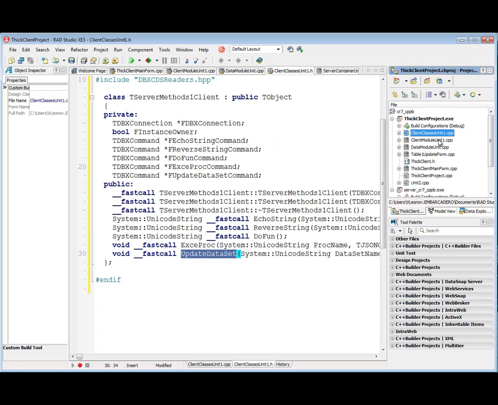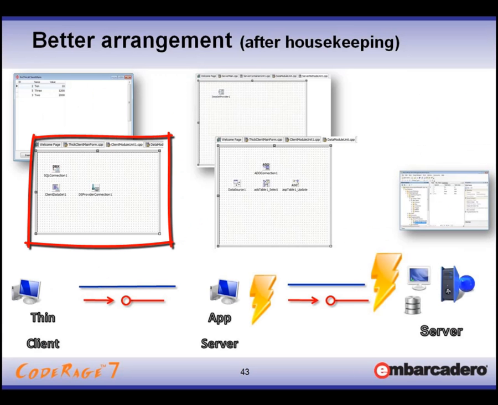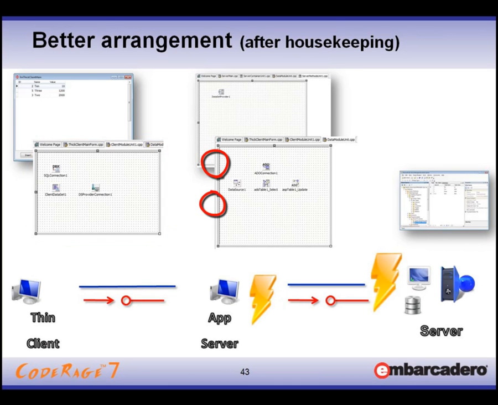So you'll have this pair of units. You get this and the client classes unit, not shown here, to consume the methods exposed by the application server. We'll need a couple of them.